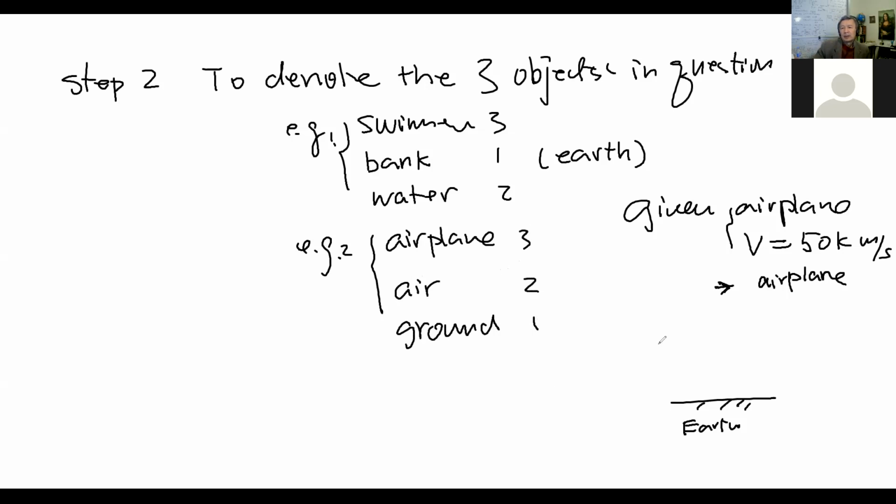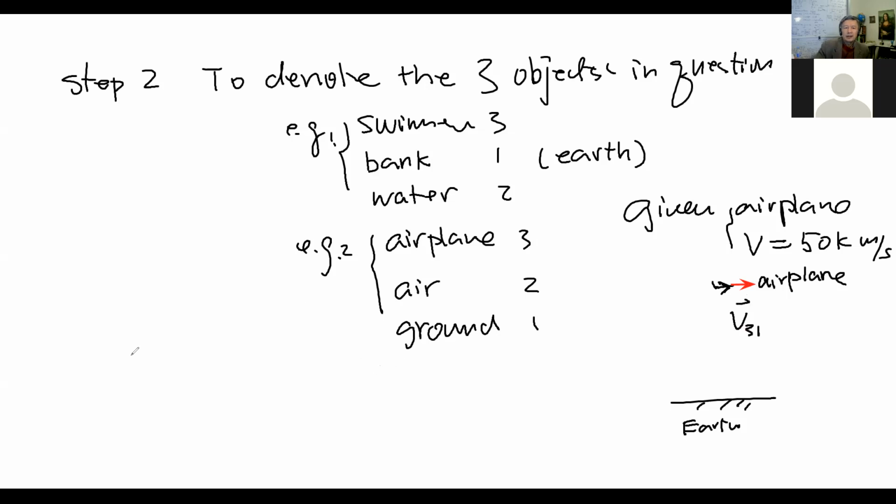What does it mean? This velocity for the airplane, you have to immediately assume. Your textbook has told you that if you didn't mention any particular reference, then the velocity in this case is 3 to 1.